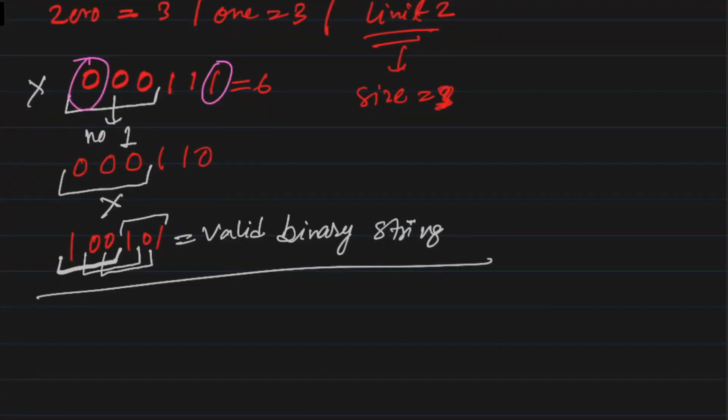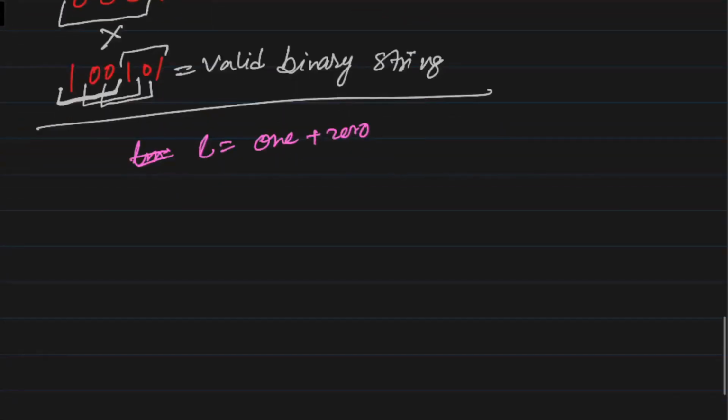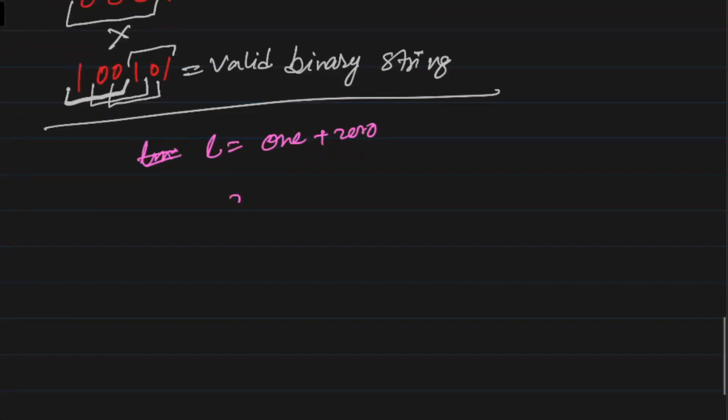The length of the binary string is 1 plus 0, and for each and every character I have two options. So 2 to the power 1 plus 0, right?